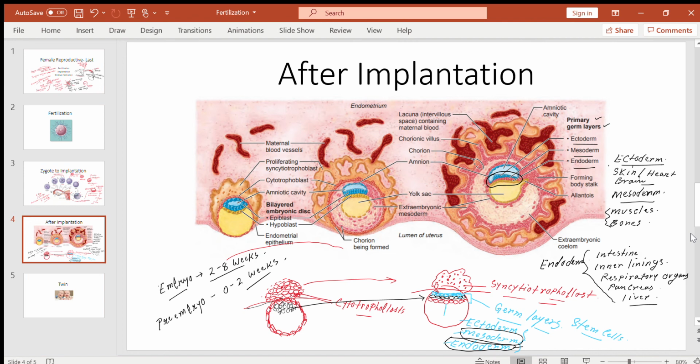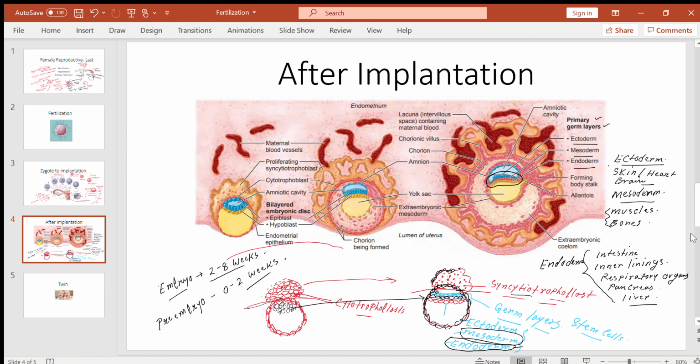Okay, so now let's quickly go back here. So syncytiotrophoblast. Then what happens? The trophoblasts here, you remember these are the cells from the shell, the outer layer or outer surface of that blastocyst. These are the cytotrophoblasts, right? So what happens next?